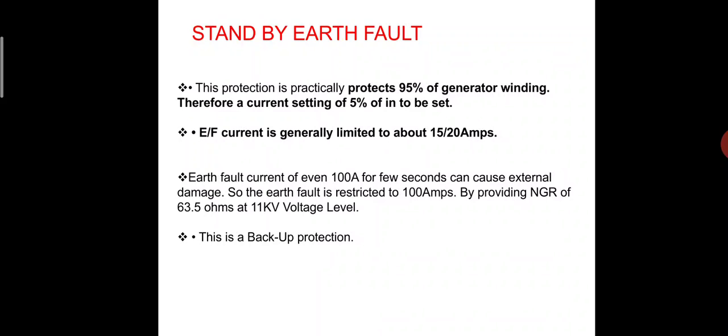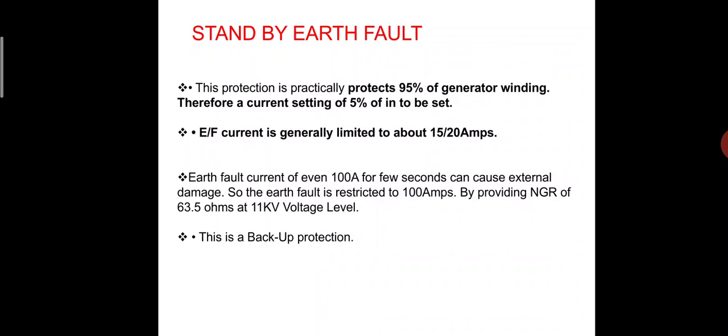Therefore, a current setting of 5% of In is to be set. The earth fault current is generally limited to about 15 to 20 amperes.